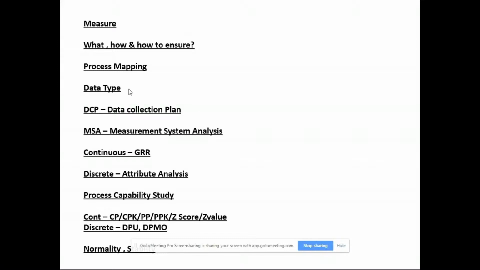Can there be a scenario? Yes. Okay, when can it happen? When the mean is not in the middle. Okay, when the mean is not in the middle, then the mean would be either towards the upper specification limit side or towards the lower specification limit side, right?